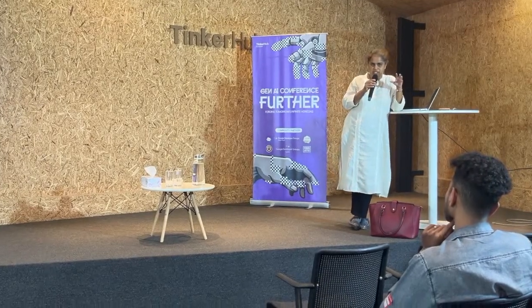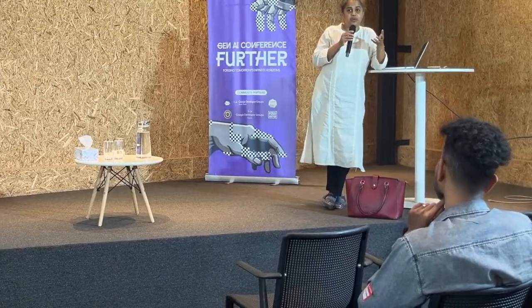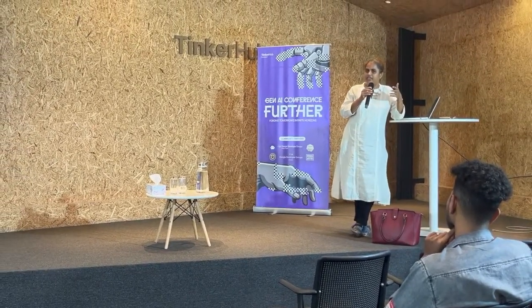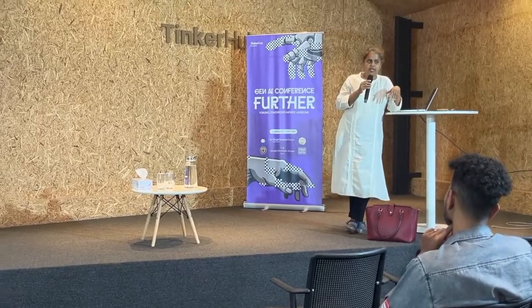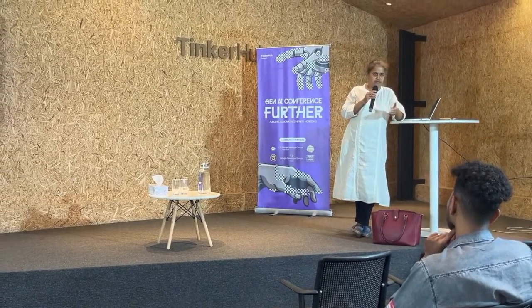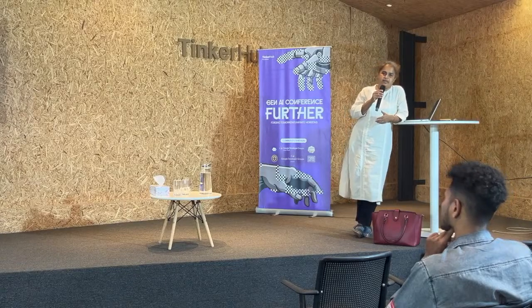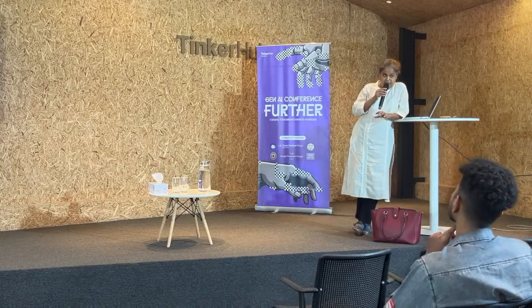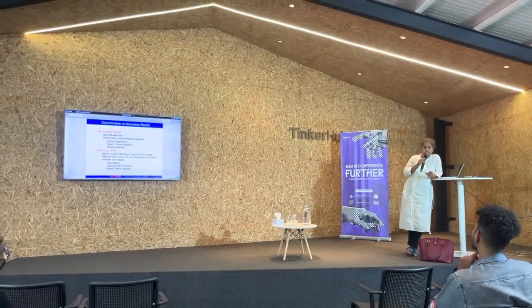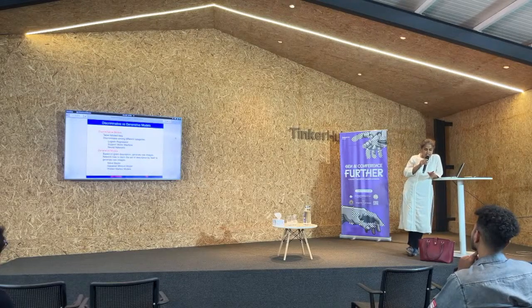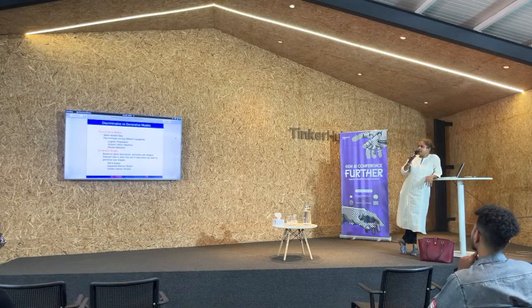I have used a few terminologies which you may or may not be aware of. If you are not aware of any terminology, please interrupt me in between, or in the interest of time we may take the concepts at the end. If anything in this slide is going over your head, please let me know, right?